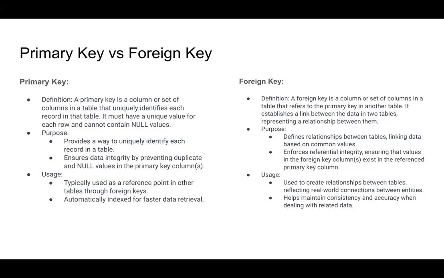The purpose is to provide a way to uniquely identify each record in a table and ensure data integrity by preventing duplicate and null values in the primary key columns. Usage: typically, it's used as a reference point in other tables through foreign keys and is also automatically indexed for faster data retrieval.